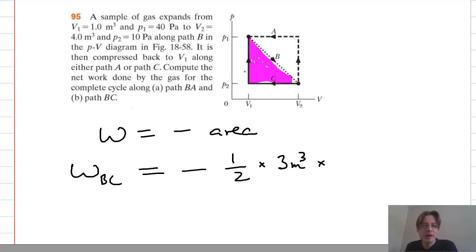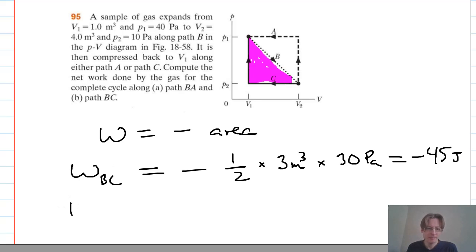The height of the triangle is 30 pascals. These are both SI units of volume and pressure, so the units for W will come out to be in joules. It comes out to be minus 45 joules. Minus makes sense because along BC, you're going to get a net amount of work out from the engine.